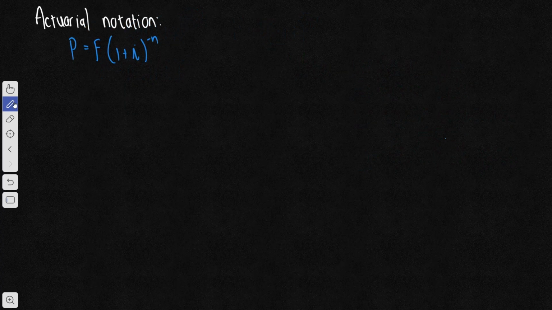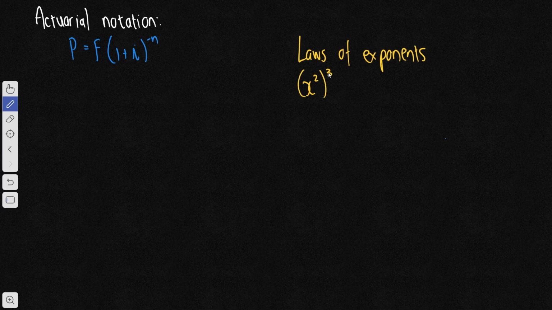Because we use the formula so frequently, we have a shorthand way of writing this in actuarial notation. Before I can show you how this works, we need a quick refresher on another aspect of the laws of exponents. What is x squared raised to the power 3?